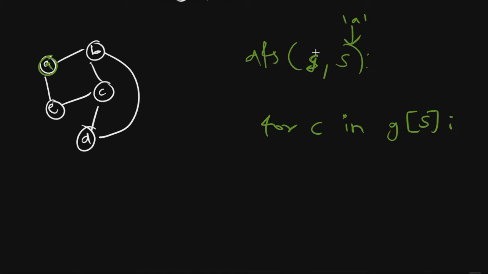So here G is the graph and S is A, which is the starting node. For each C in G of S, we will again perform the same steps. Let's say I select E and remove it from the graph. Now I can say that E is a starting point and I have to again perform the same DFS thing. So this A doesn't matter so much if we ignore it.